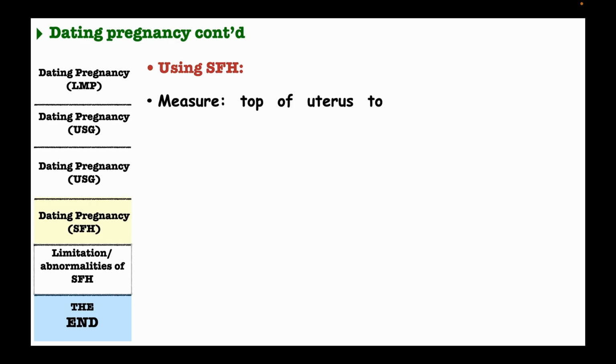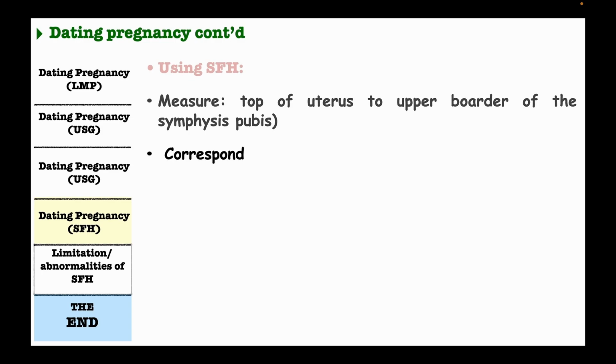We measure from the top of the uterus to the upper border of the symphysis pubis, and this corresponds with the gestational age. And so we can use it to assess fetal growth and development after the 20th week of gestation.